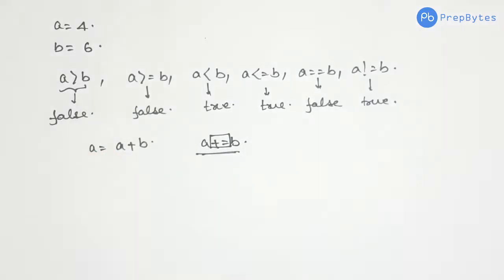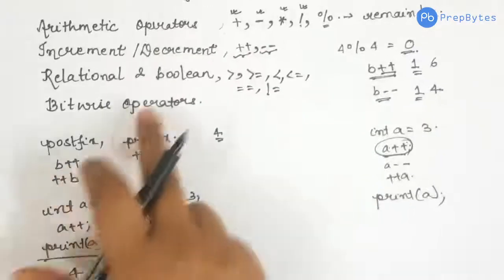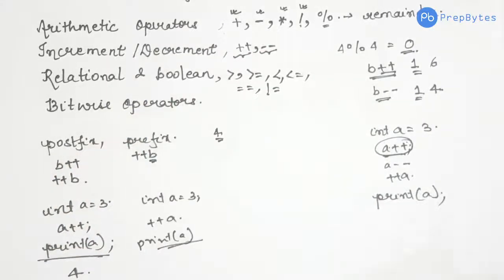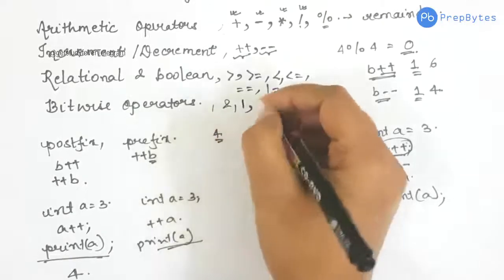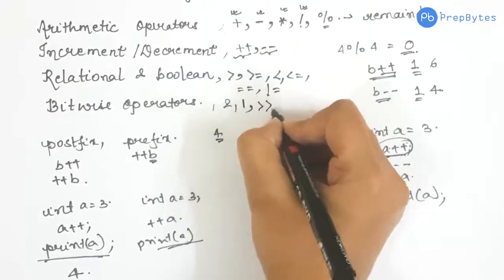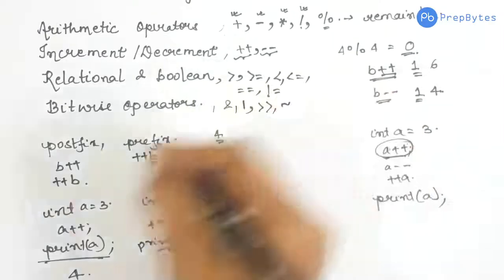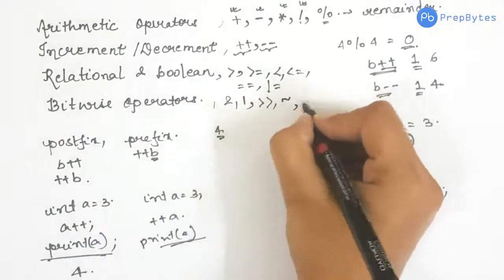Now let's go on to see another set of operators, which is bitwise operators. Bitwise operators work on the bit level. The various bitwise operators are bitwise AND, bitwise OR, shift operator, complement operator, and XOR operator.